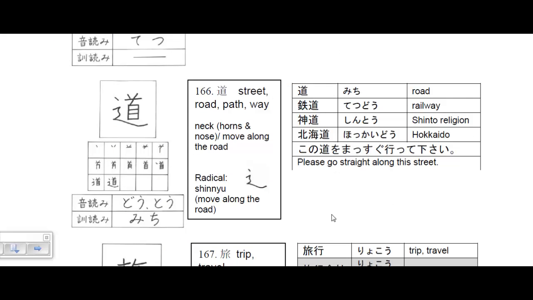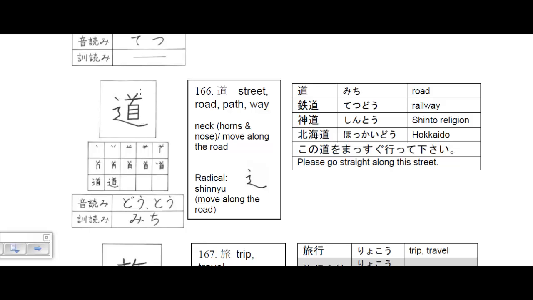Okay, this is what it looks like in my kanji book. Again, this is the printed form. Michi, it means street, road, path or way, and here this right hand element here actually means neck, and if you use that on its own, it does in fact mean neck.